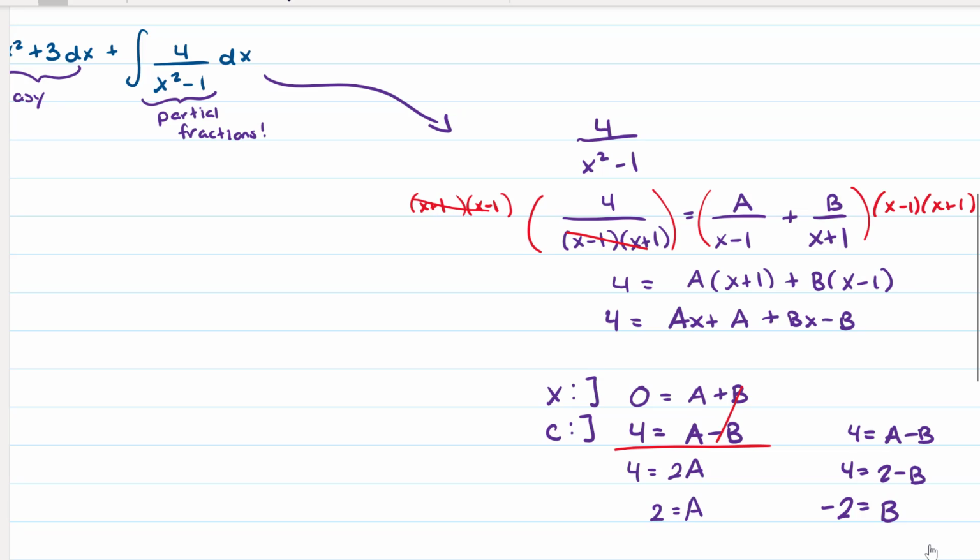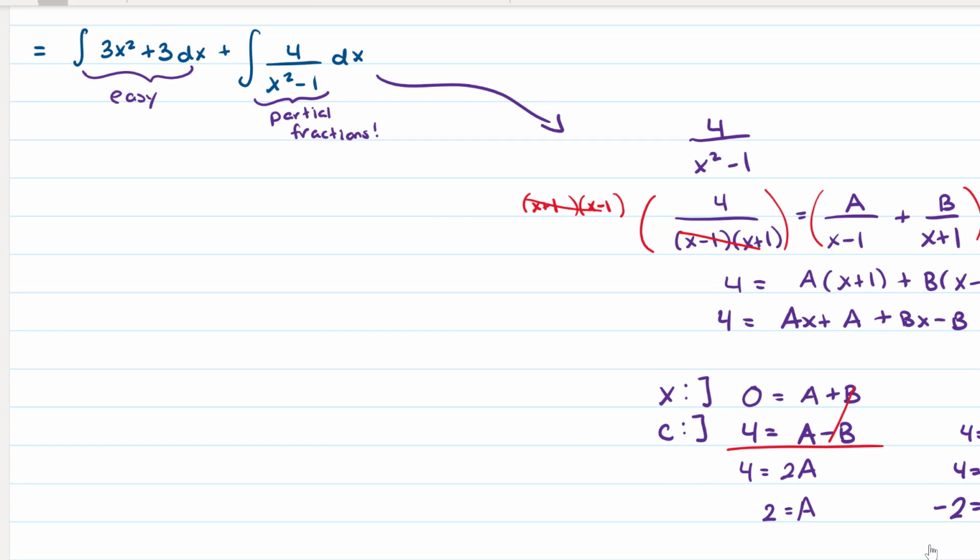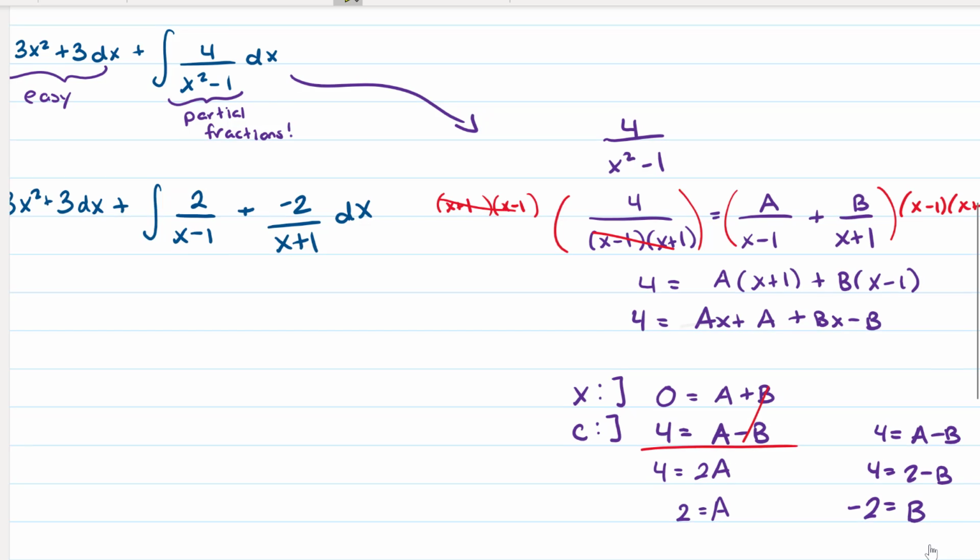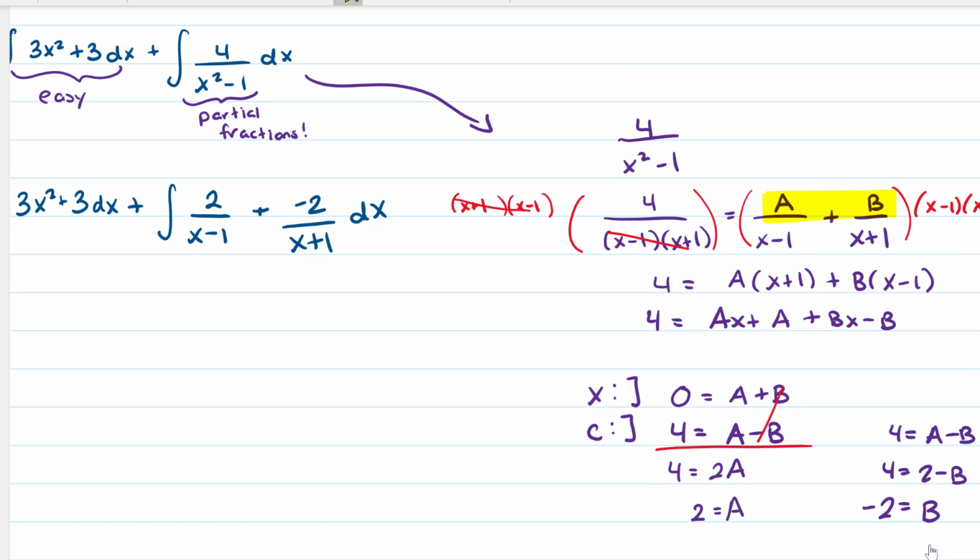Now I can rewrite this as partial fractions. So this would be the integral of 3x squared plus 3 plus the integral of 2 over x minus 1 plus negative 2 over x plus 1. Right, that's using the A and B and plugging them into these values here.